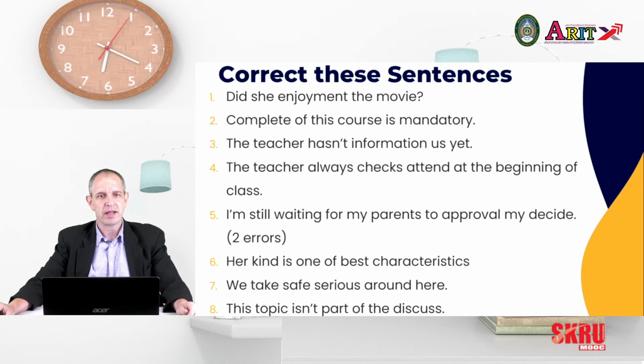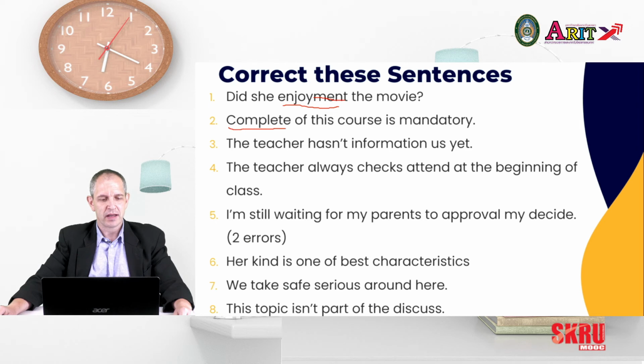Did she enjoyment the movie? Here we have the word in the middle of the sentence. Nouns don't go in the middle. So we shouldn't be using a noun, we should be using the verb. So we would say, did she enjoy the movie? Number 2: complete of this course is mandatory.